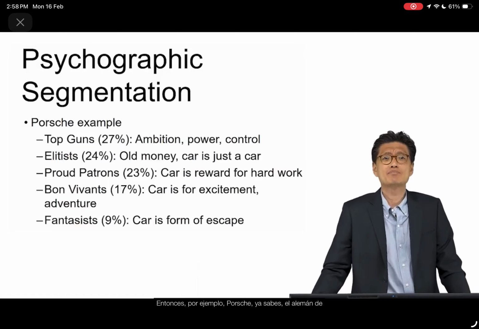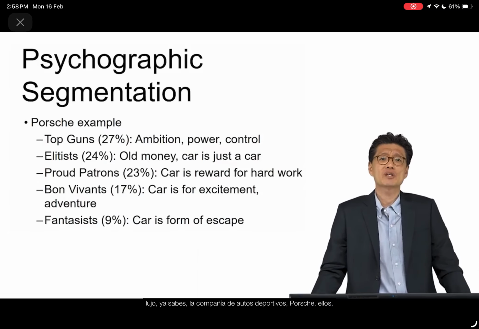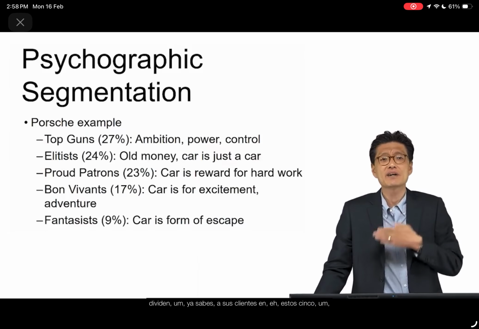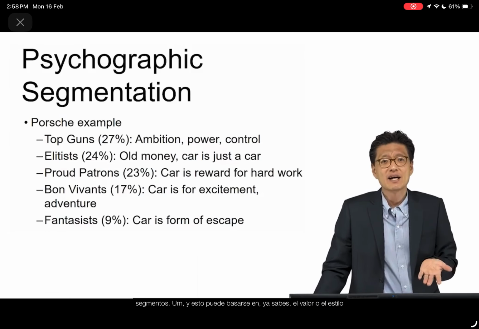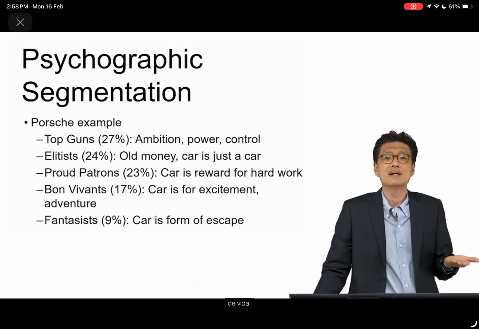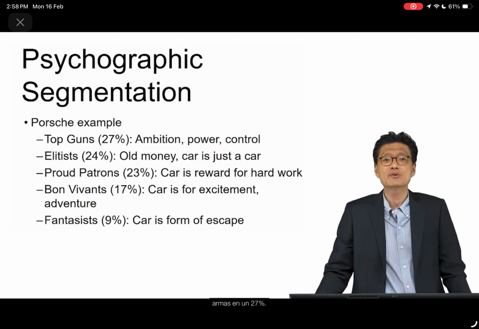So, for example, Porsche, the luxury German sports car company, divides their customers into 5 segments, and this can be based on value or lifestyle. These are just the labels that they use. Top Guns, 27%.